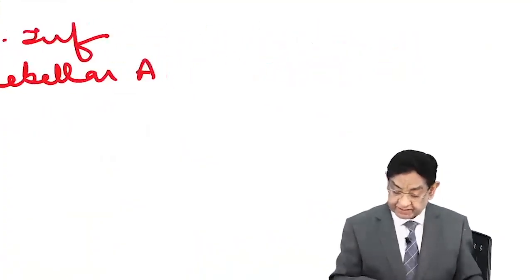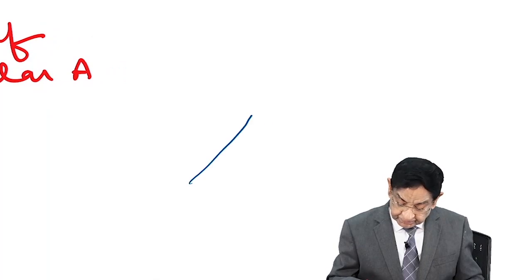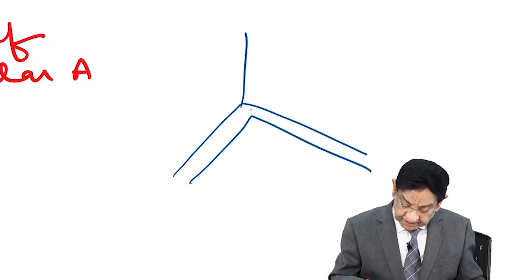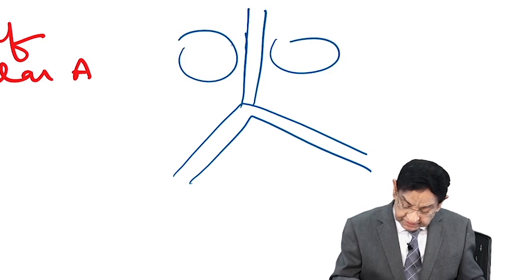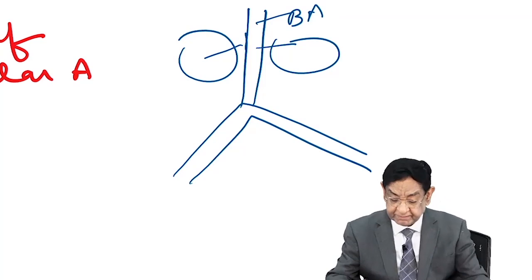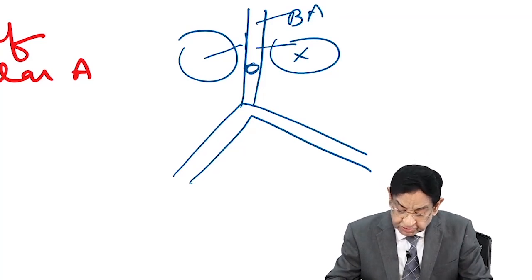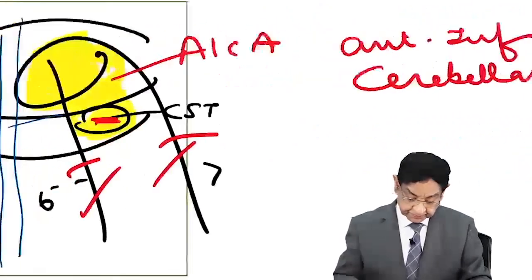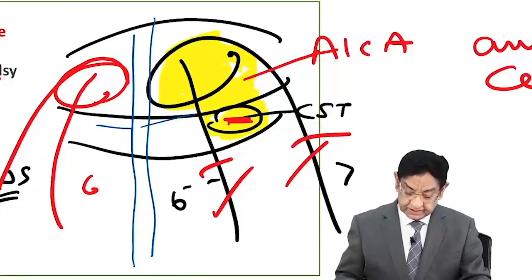Okay, let me give you an example. These are the two vertebral arteries. They unite to make the basilar artery, and this is the pons. The basilar artery supplies the pons. At times the lesion occurs in the basilar artery. So bilateral supply of the pons goes away. Okay. So what will happen?